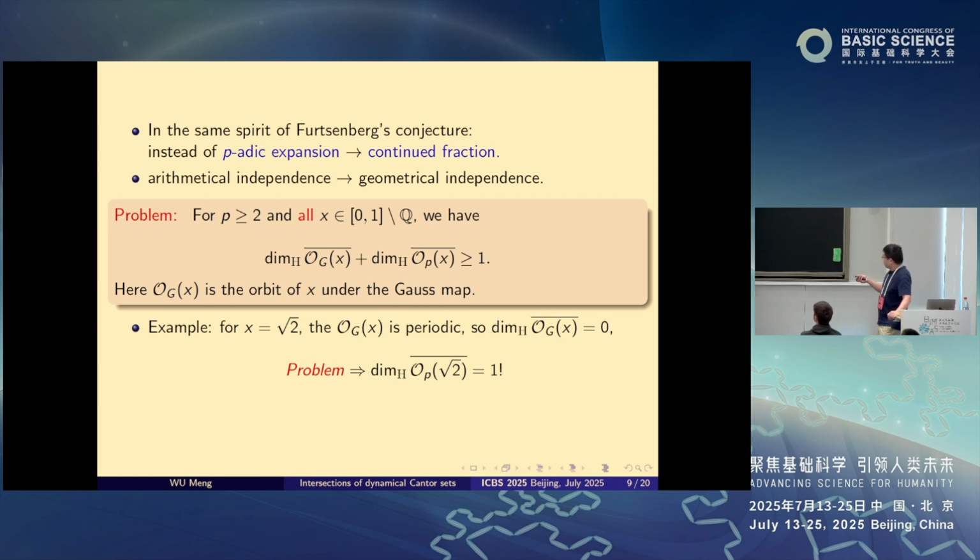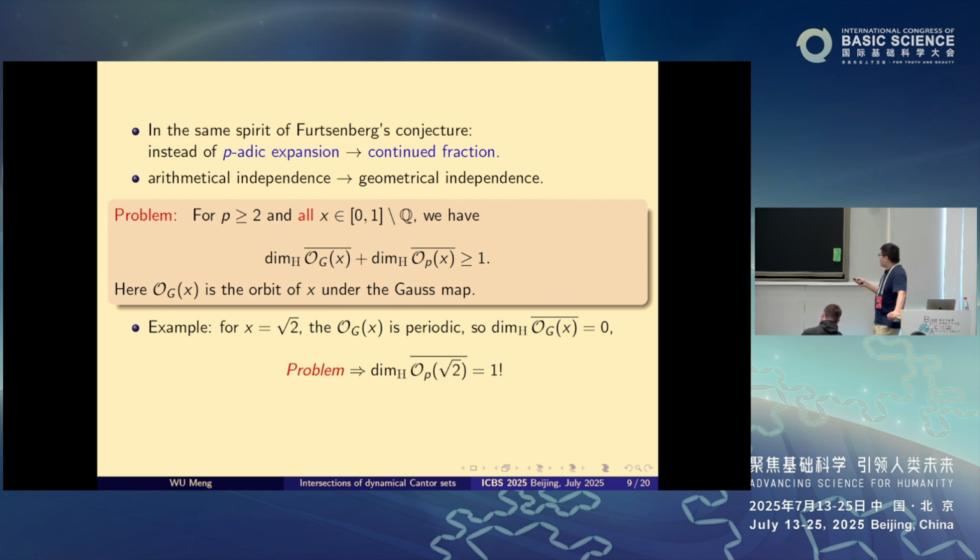If you take a number x, you look at the orbit closure of x under times p, and you can also look at the orbit closure of x under the Gauss map, which is related to the continued fraction. We can also analytically define the complexity of x under this Gauss map.